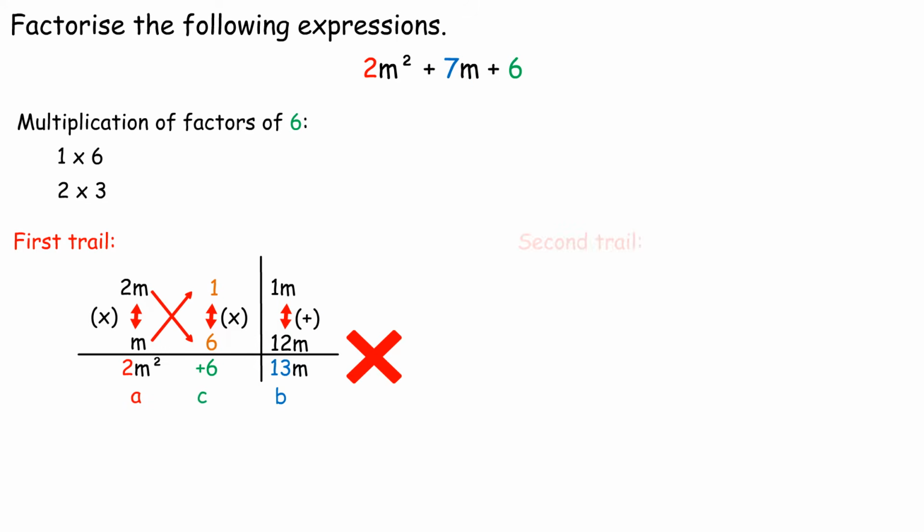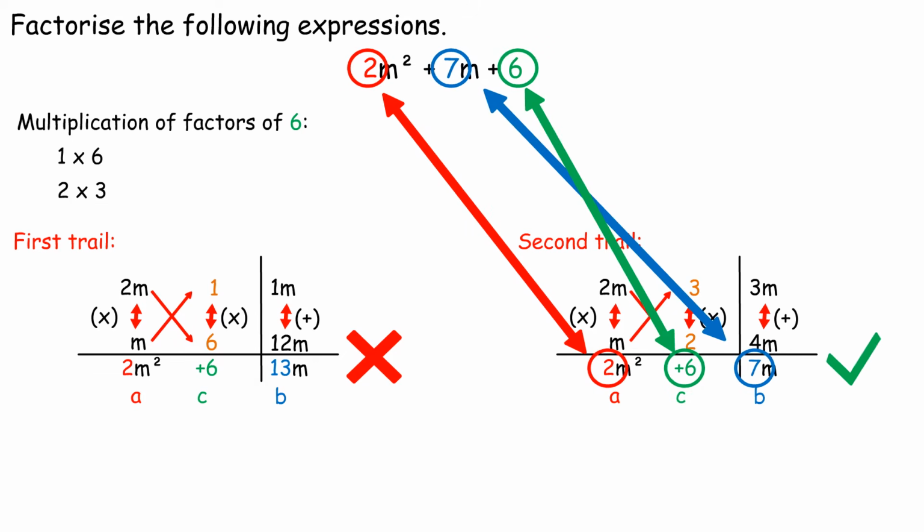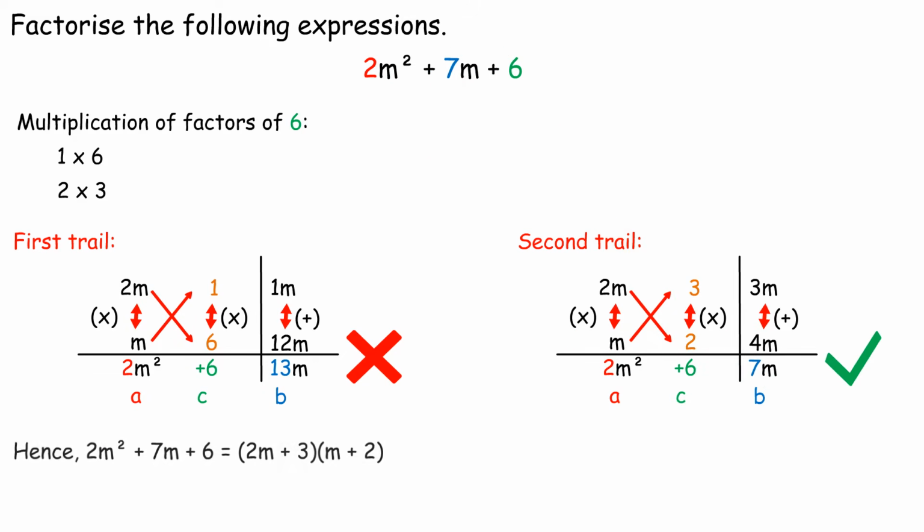Second trial. Correct. Hence, 2m squared plus 7m plus 6 equals 2m plus 3 times m plus 2.